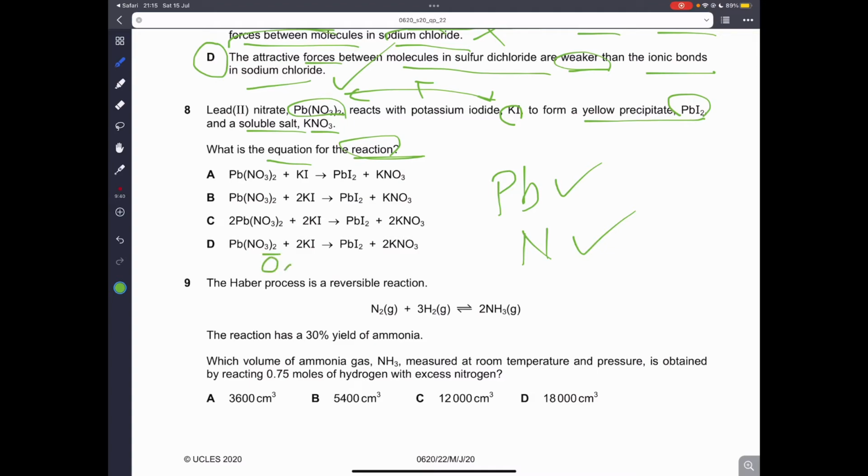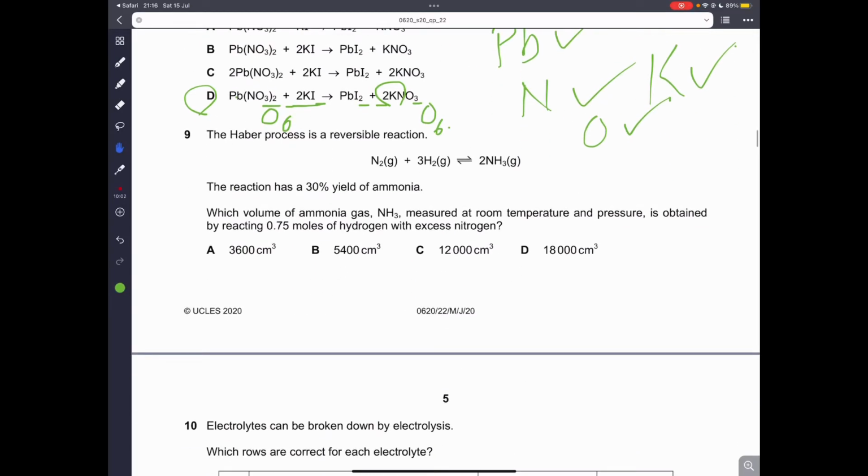Now we see that there are 6 oxygen here and there are also 6 oxygen here. So oxygen can be ticked off. Let's see, there are 2 iodine on the right hand side and 2 iodine on the left hand side, so it can be ticked off. There are 2 potassium on the right and 2 potassium on the left hand side as well, so everything is balanced, therefore D is the correct answer.